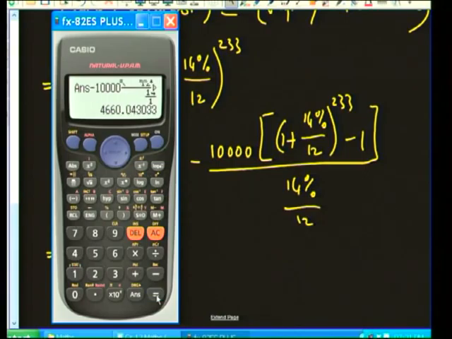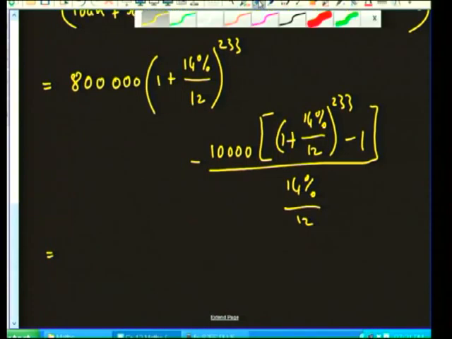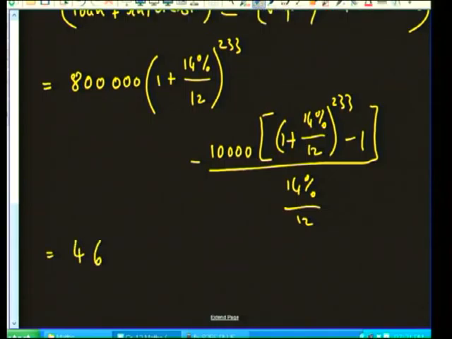Right, there we go. What have we got out? 4,660. So that is equal to 4,660 rand and 4 cents.